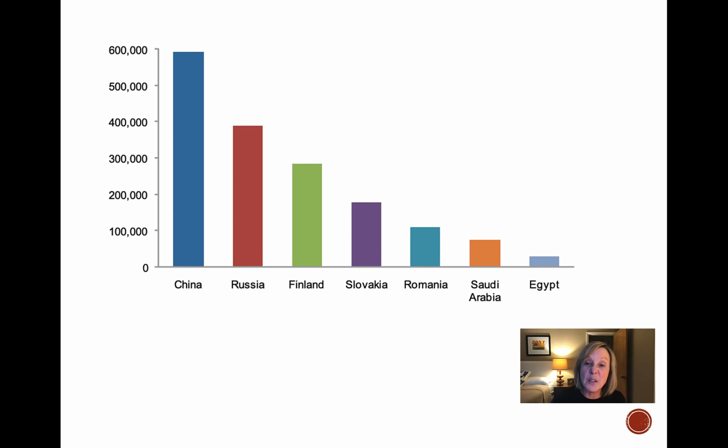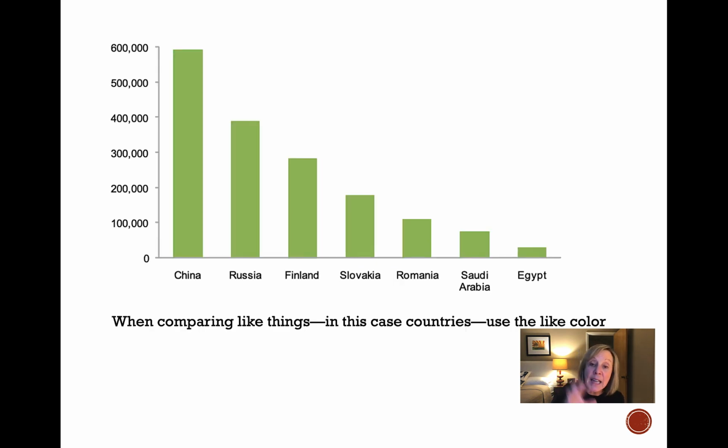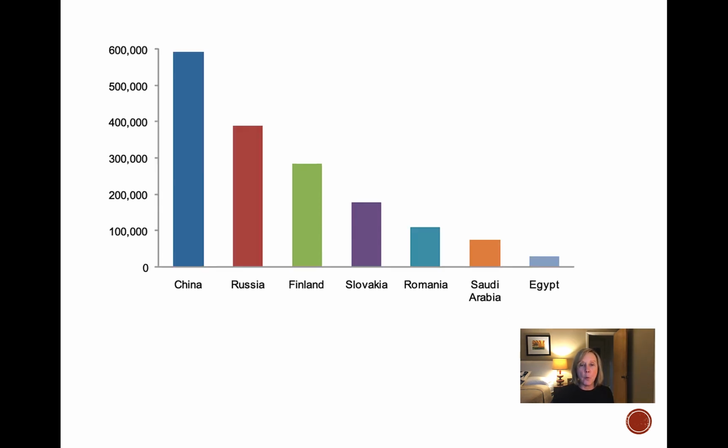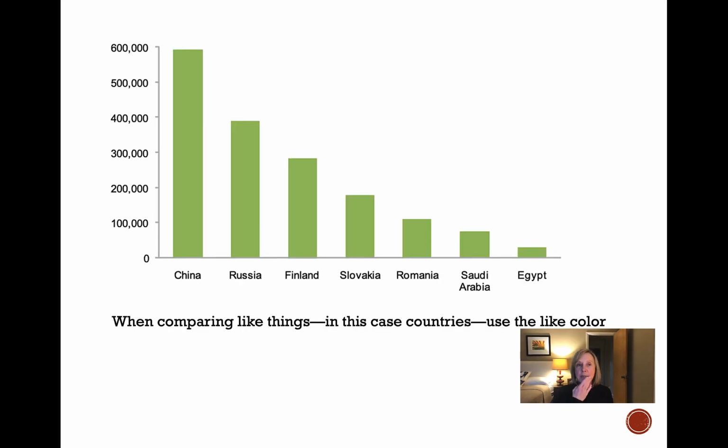These different colors mean nothing. Better, if you're comparing like things, in this case countries, to use the same color. So now we're using green, and once that color is out of the way, we can pay more attention to the content of the infographic.